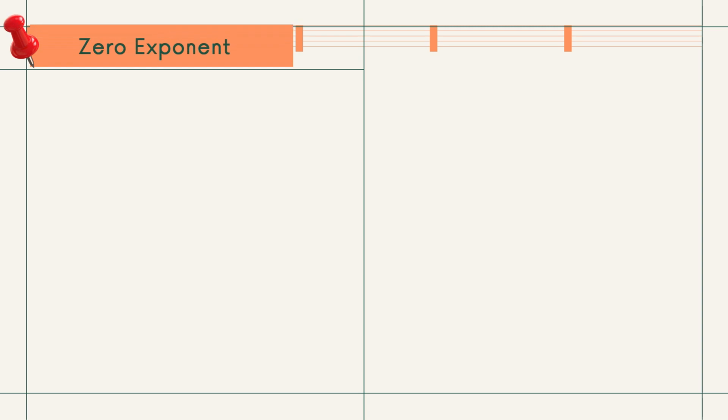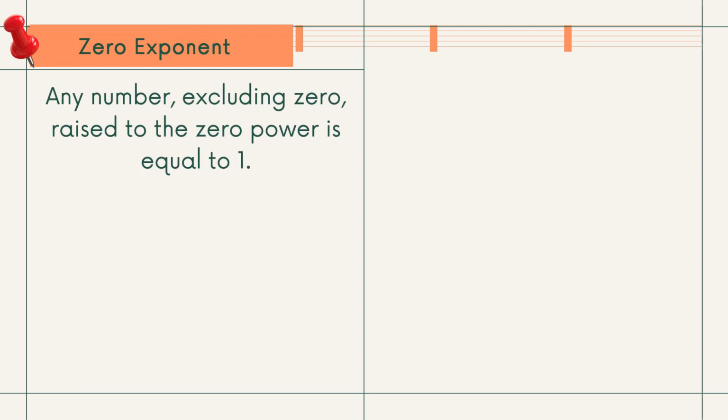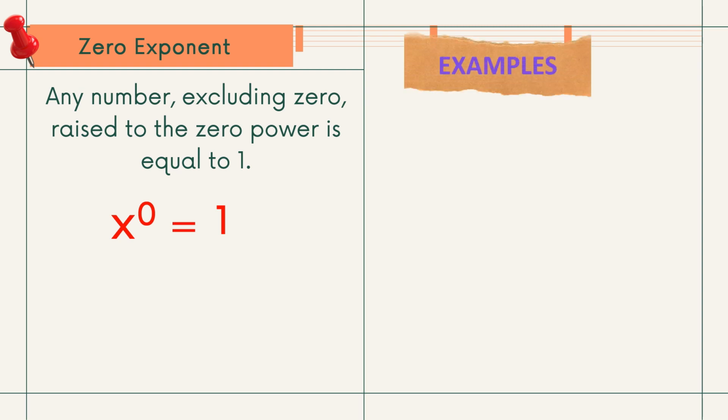Next, we're going to discuss the next property of exponent, which is the zero exponent. Any number excluding 0 raised to the 0 power is equal to 1. x raised to the 0 exponent is equal to 1. Let's study the following examples.